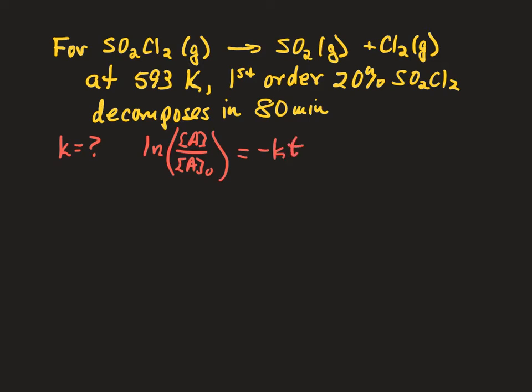If we don't want to deal with this minus, we can multiply both sides by -1, and we get the alternative expression, which is equivalent, that the natural log of the initial concentration divided by the final is equal to kt. That keeps us from having to deal with that negative sign in our calculation.